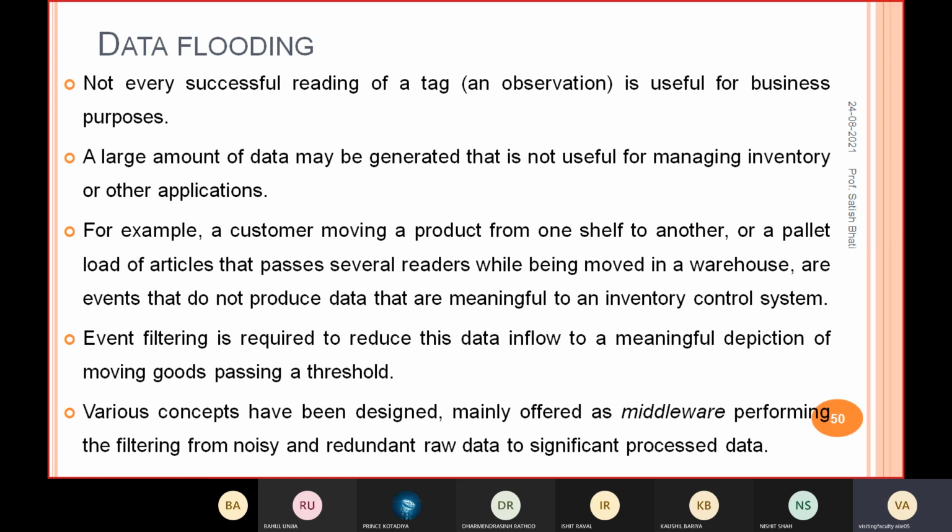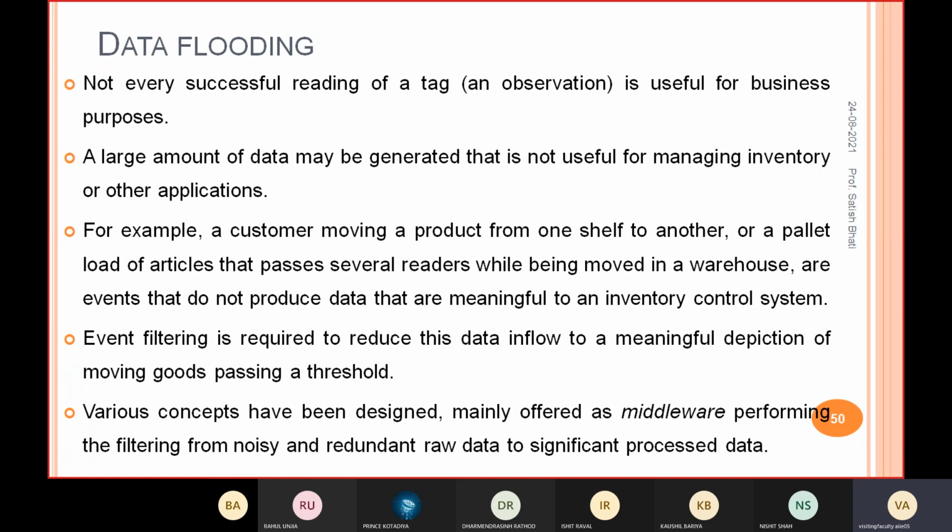Now, maybe the data read by the first and the last reader may be useful, but the data read by the intermediate readers maybe is not useful, because you are transferring an item from one place to another place, so you need to just know the place.